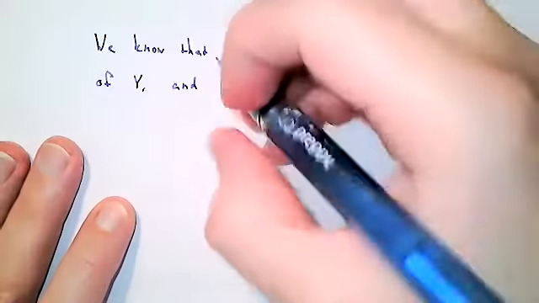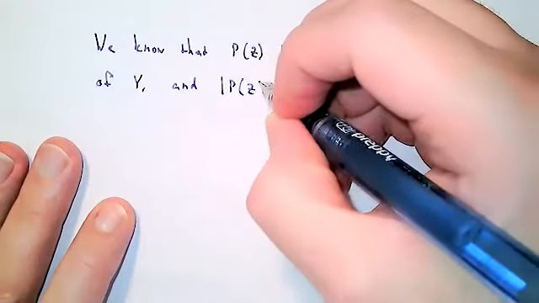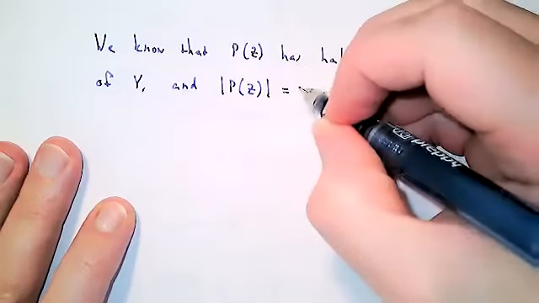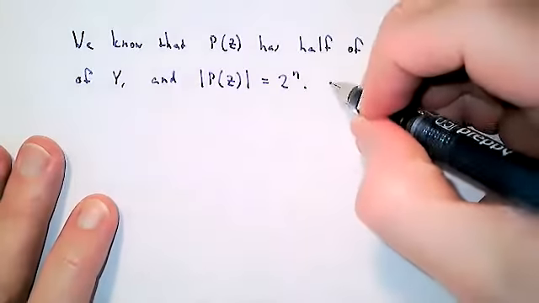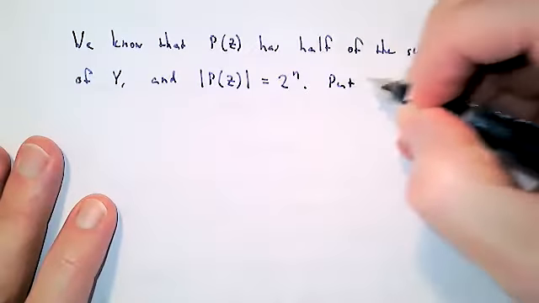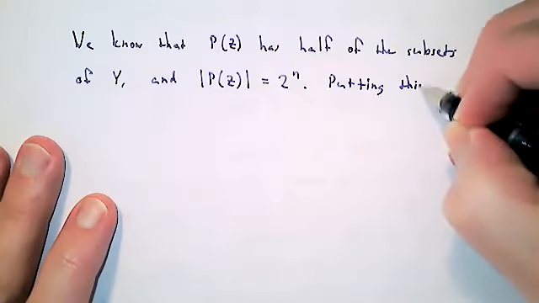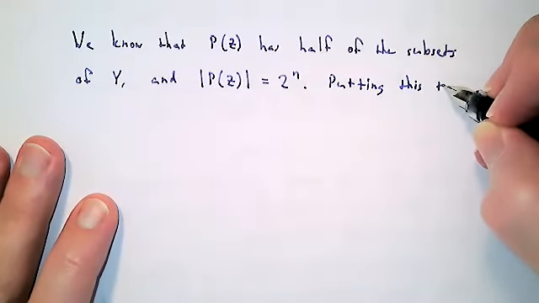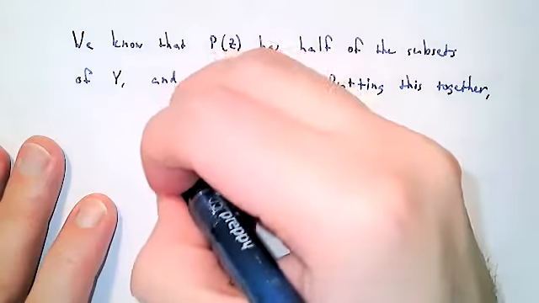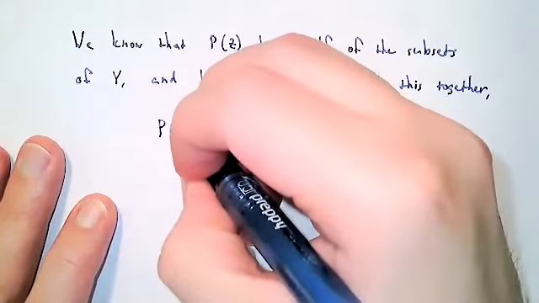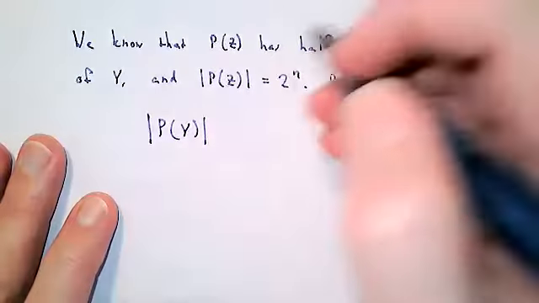And remember from before, we know that the number of subsets in the power set of Z is 2 to the n. And putting these two ideas together, we can count the total number of subsets of Y. So here we have the power set of Y, and we know that the power set of Z is half of the total.